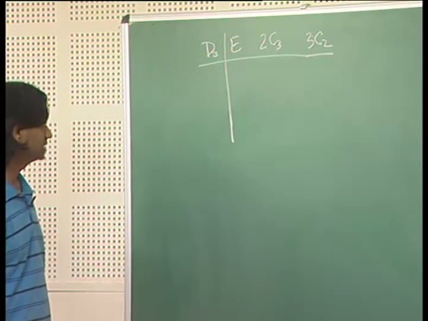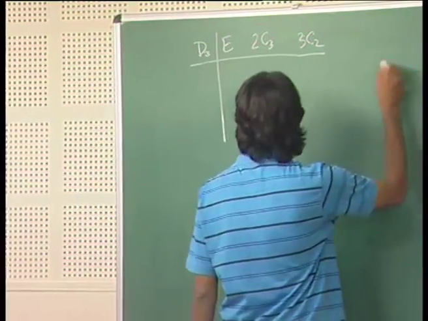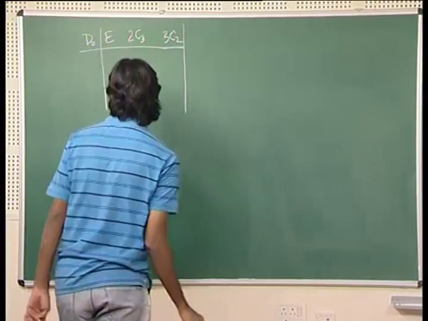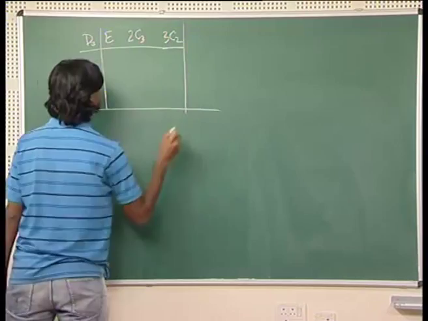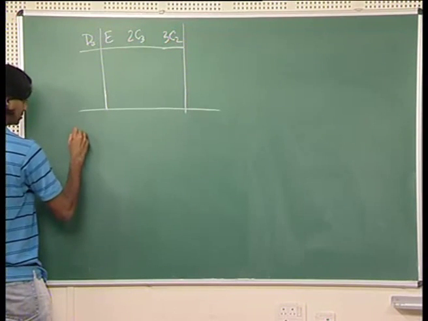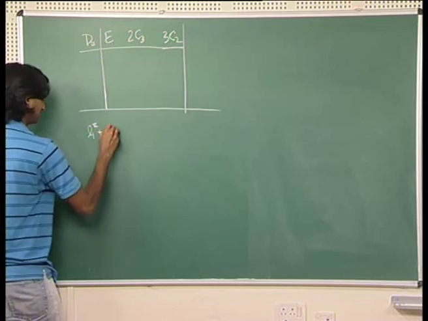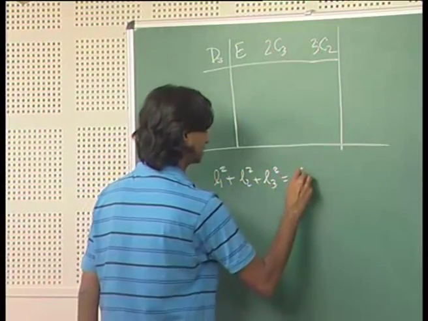Now, D3, so you can say that the number of classes is 3. So, you have the number of irreducible representations is 3. So, l1 square plus l2 square plus l3 square equal to 6.